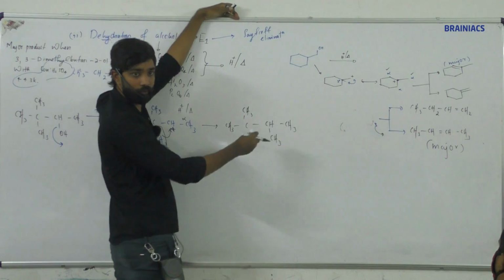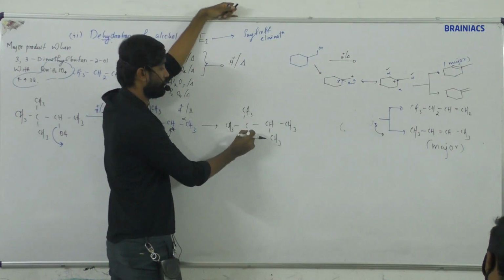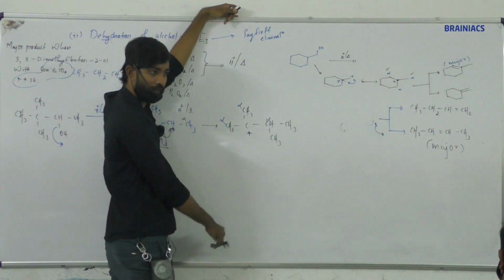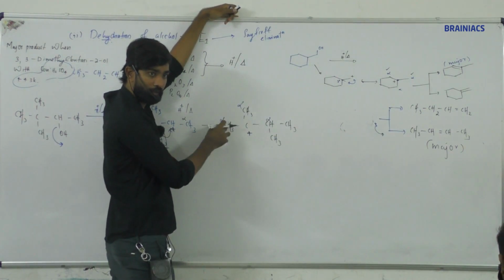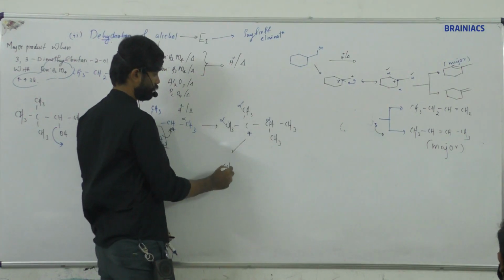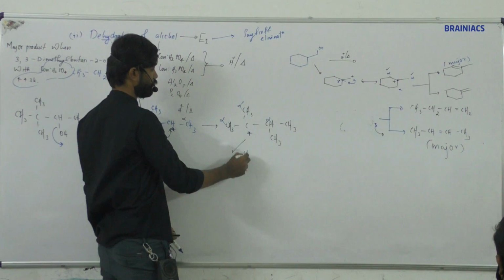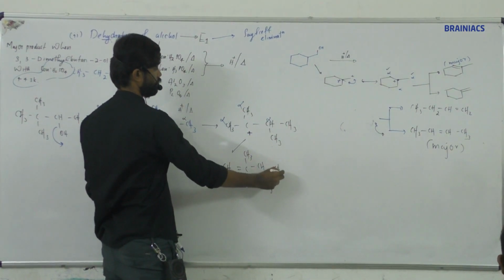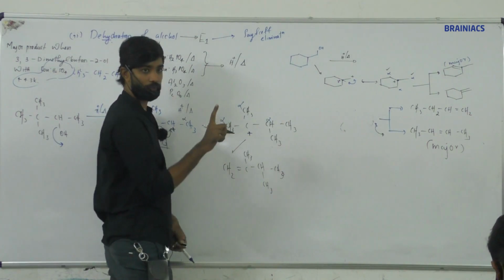Then you leave a hydrogen from the alpha portion, alpha, alpha, but these two alphas are identical. So the chance of CH2 double bond, agreed. First chance.